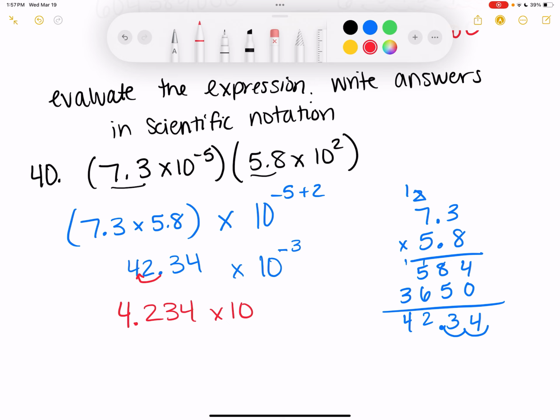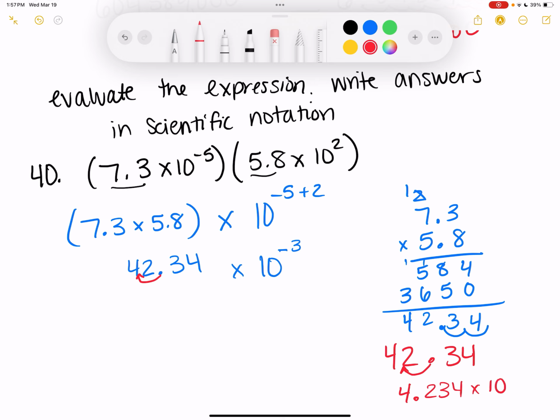Add 1. Add 1 when going this way. If it's easier to think about it, let's just backtrack for a second. I'm going to come back over here. 42.34. If I wanted this in scientific notation, I would move it this way, and it would be 4.234 times 10 to the what?